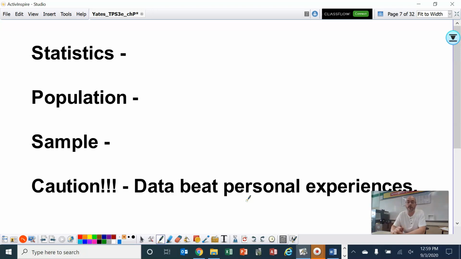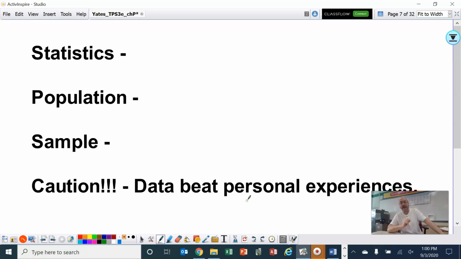Remember, I want you to read that book. This first caution: data beat personal experiences. Okay, data always beat personal experiences. Okay, just because your best friend experienced something and thinks that's the way it is, that doesn't necessarily mean it is.